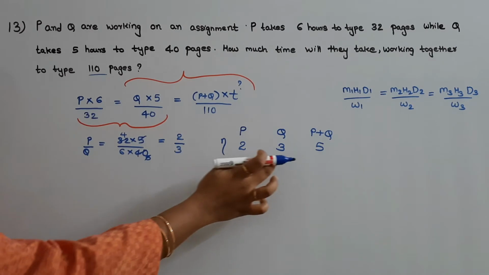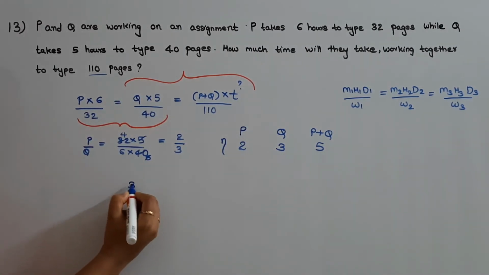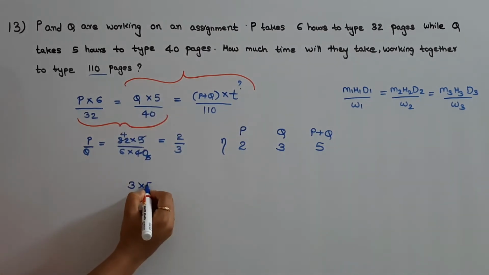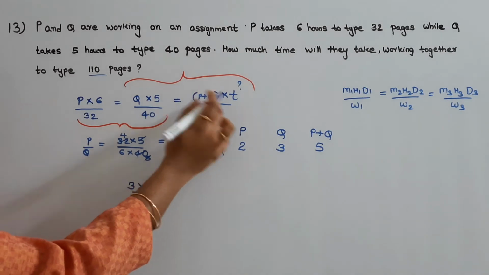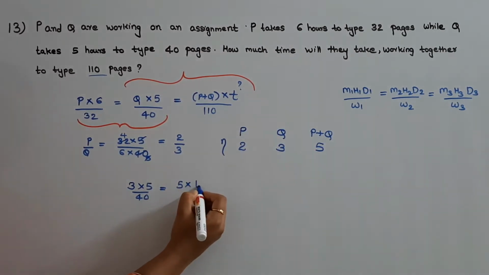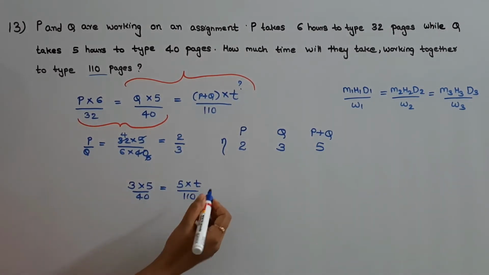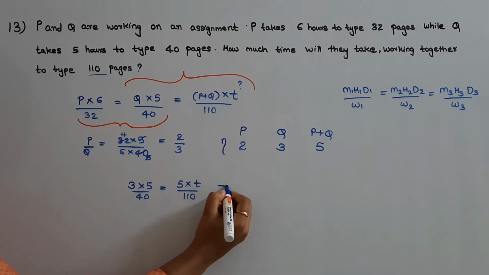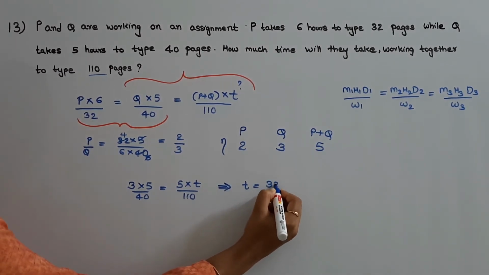Q is what? 3, or the efficiency of Q is 3. 3 into 5 by 40 is equal to, this P plus Q is 5, 5 into time T which we need to find out by 110. By solving this, we will get T is equal to 33 by 4.